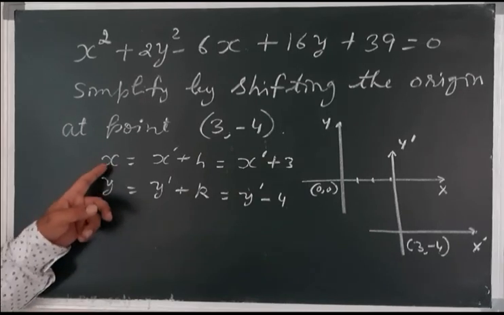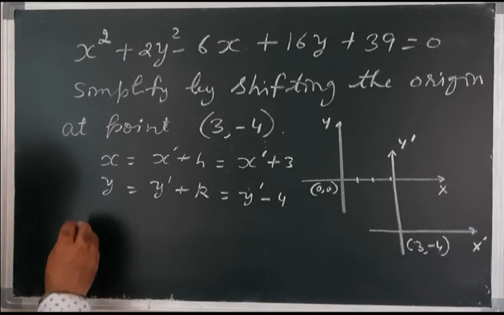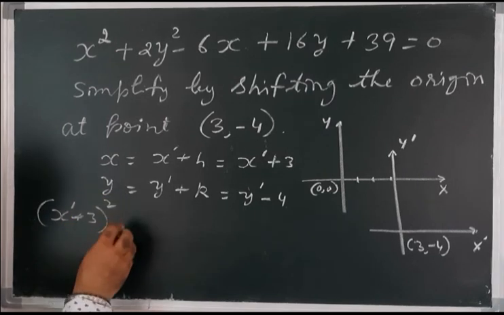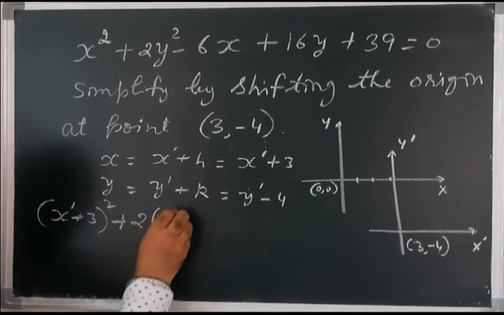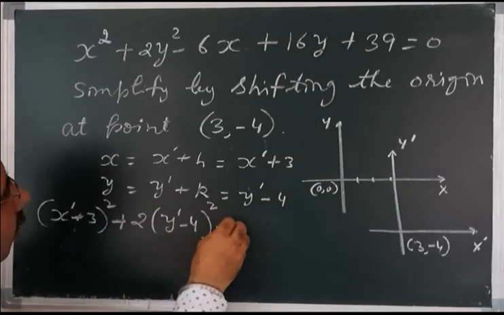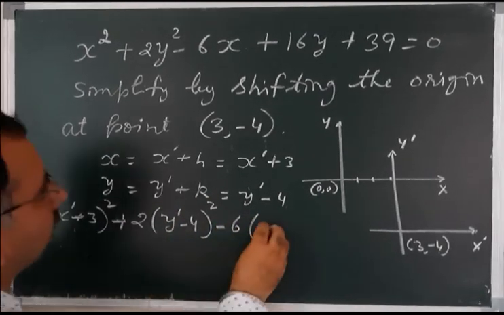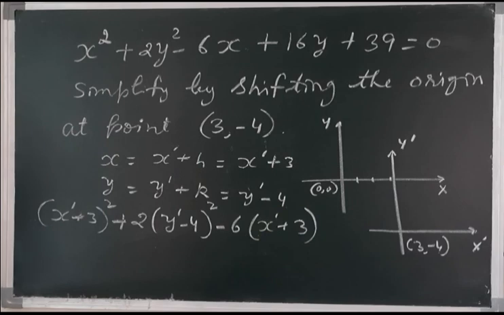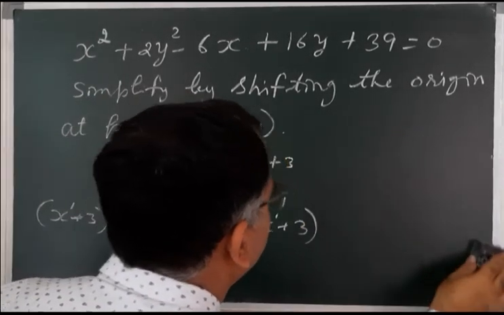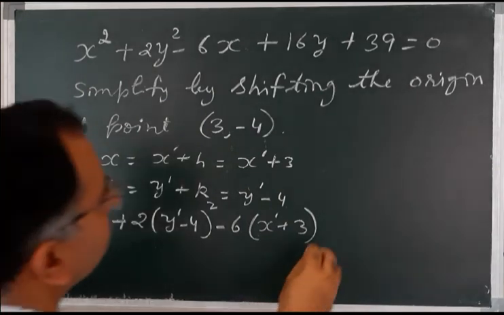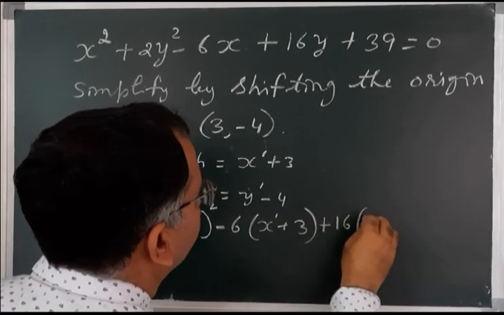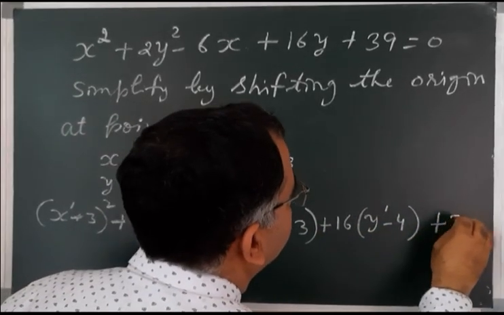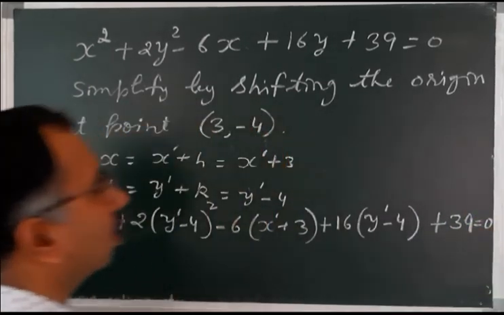Substituting for x and y in this equation, we get (x dash plus 3) whole square plus 2 into (y dash minus 4) whole square minus 6 into (x dash plus 3) plus 16 into (y dash minus 4) plus 39 is equal to 0.